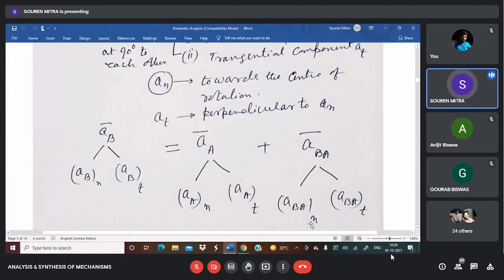One is the normal relative acceleration, and the other is the tangential relative acceleration. And each of these combinations of normal and tangential accelerations are perpendicular to each other.